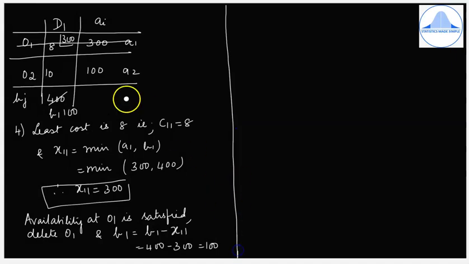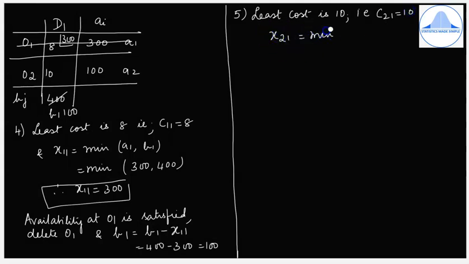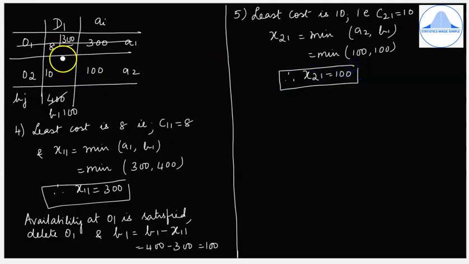Now you observe that there is only one cost remaining. So the fifth step is the least cost is 10. So that is C21 is equal to 10. So X21 is equal to minimum of A2 comma B1, which is equal to minimum of 100 comma 100. So therefore X21 is equal to 100. Then write 100 here. So you see that this 100 matches with the availability at O2 and requirement at D1.